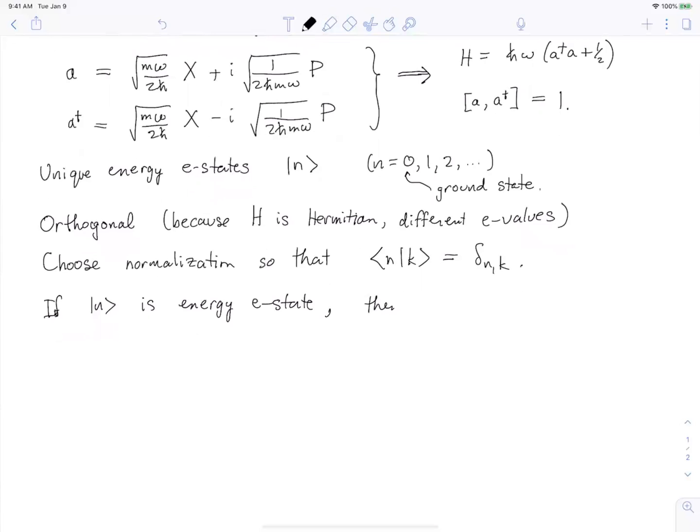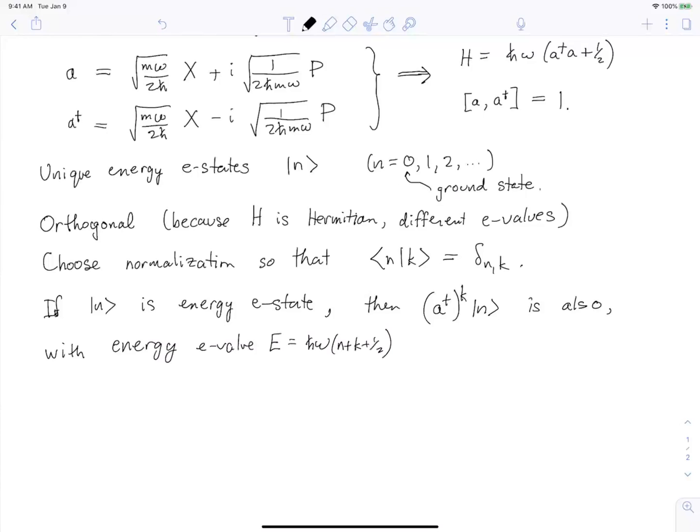So a dagger repeated k times, to the kth power, acting on |n> is also an energy eigenstate, and the energy of that state is energy equals h bar omega times (n plus k plus 1/2). Every time you act with a dagger, it raises the energy.